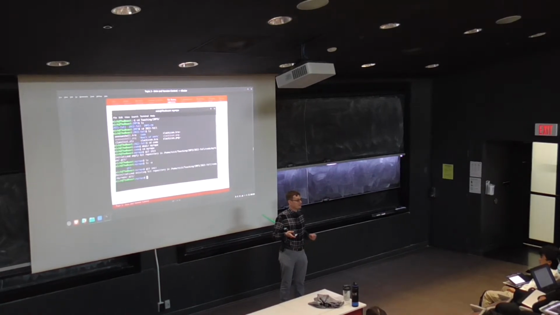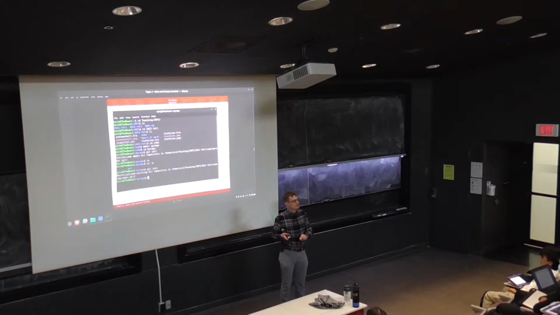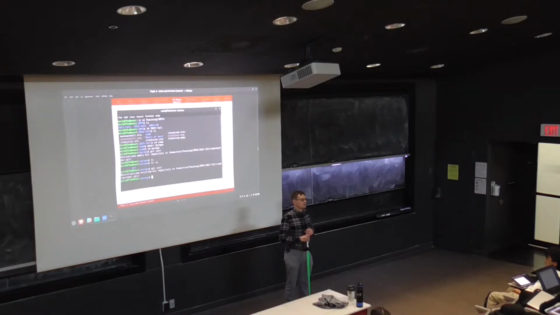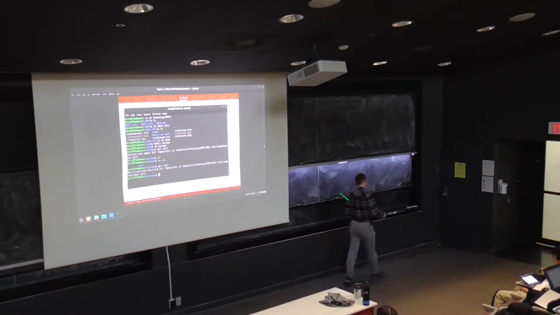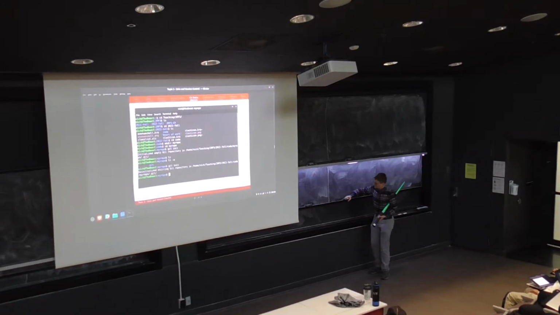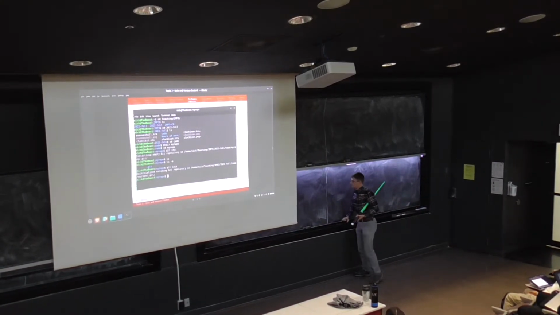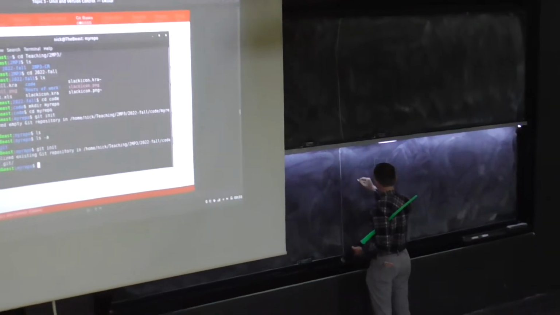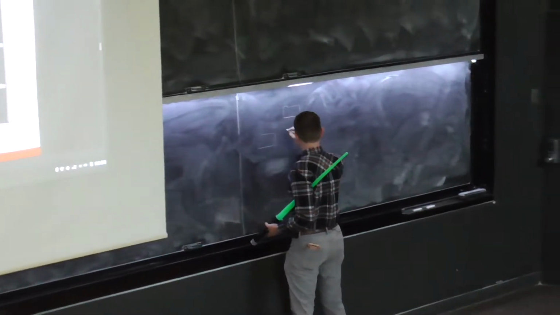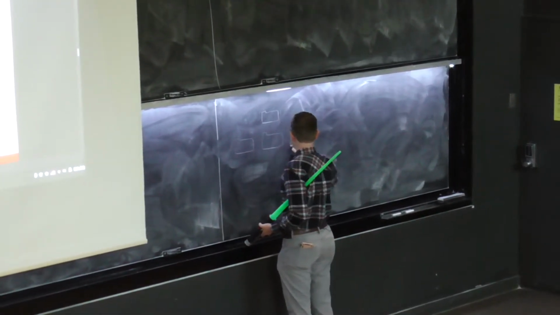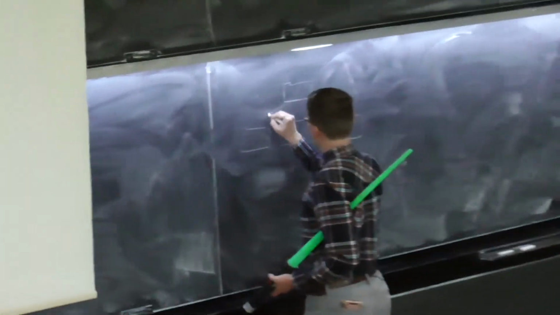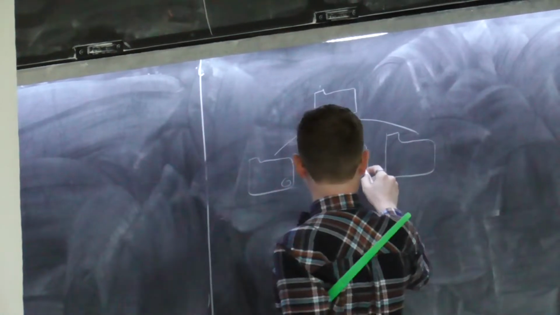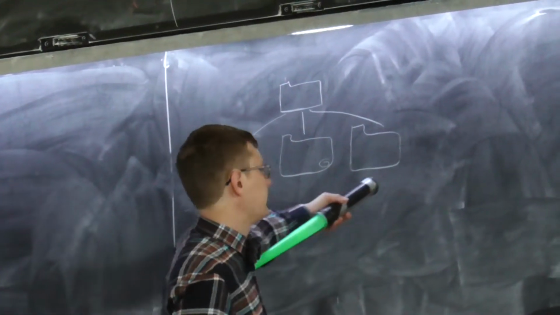Whichever folder you put it in, that folder and all its subdirectories will be a repository, right? So let's say you have a folder that contains three other folders. You can make this one a Git repository, this one a Git repository, and that one leave blank.